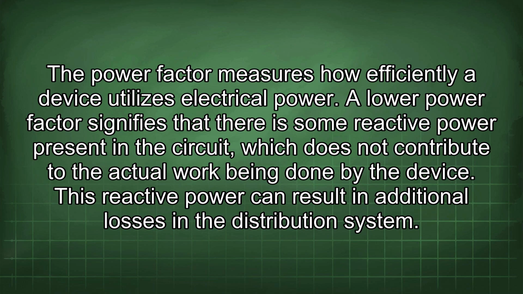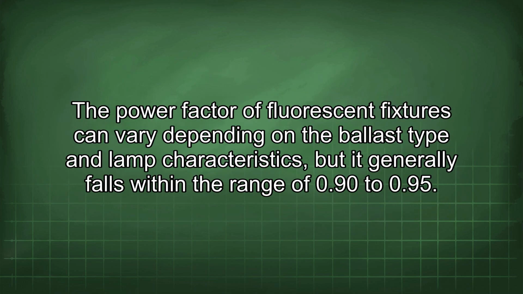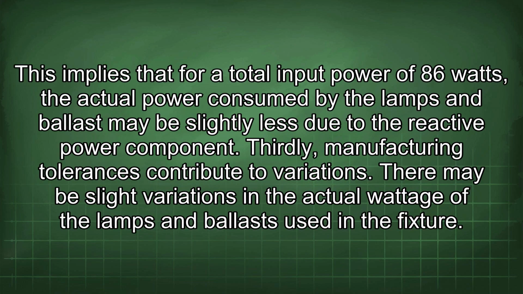This reactive power can result in additional losses in the distribution system. The power factor of fluorescent fixtures can vary depending on the ballast type and lamp characteristics, but it generally falls within the range of 0.90 to 0.95. This implies that for a total input power of 86 watts, the actual power consumed by the lamps and ballast may be slightly less due to the reactive power component.